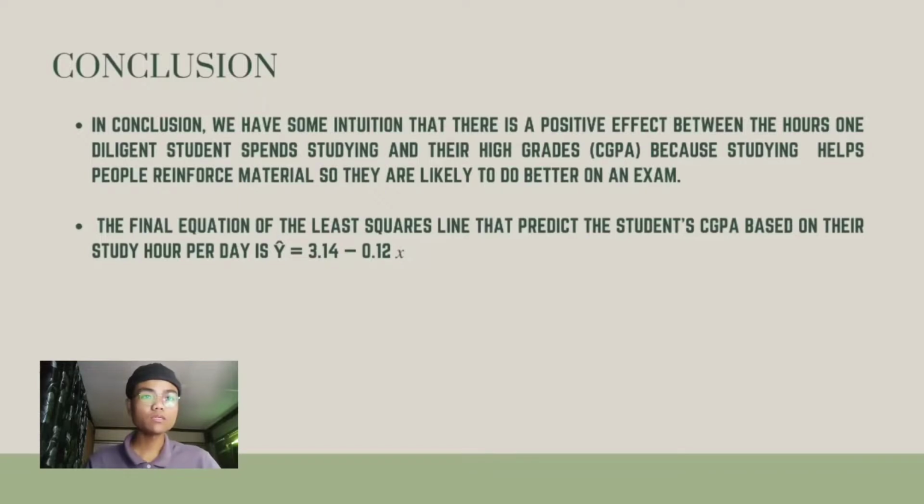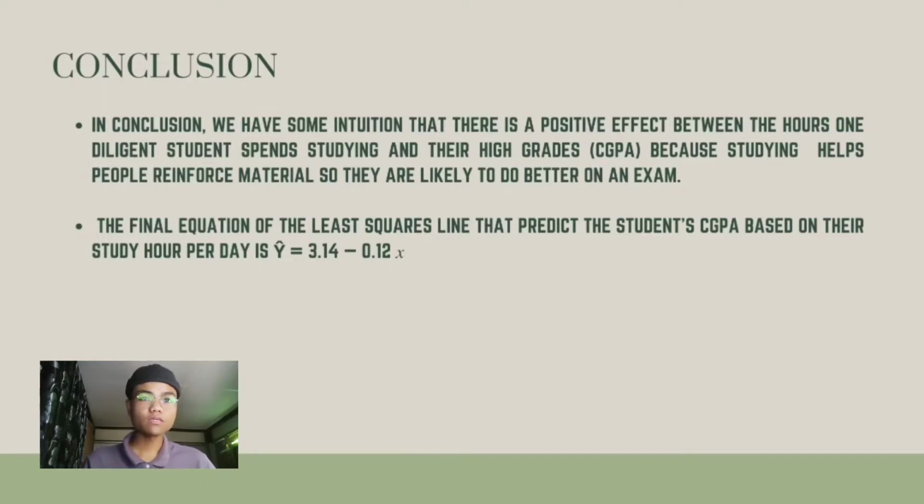The final equation of the line, where y represents the student CGPA achieved in the last semester, and x represents the study hours students spent in their last semester. The final equation of the least square line that predicts the students' CGPA based on their study hours per day is y equals 3.14 minus 0.12x.